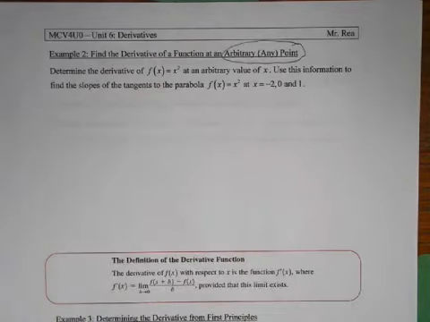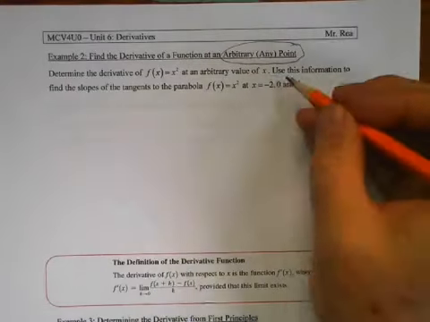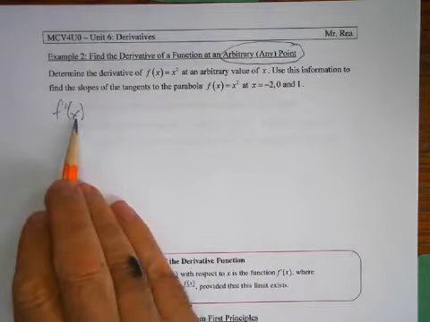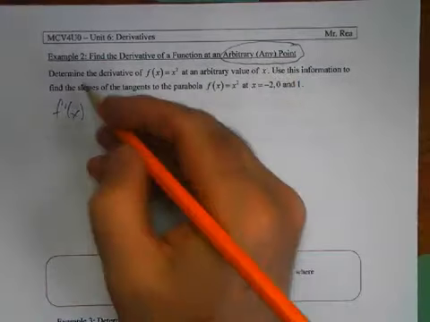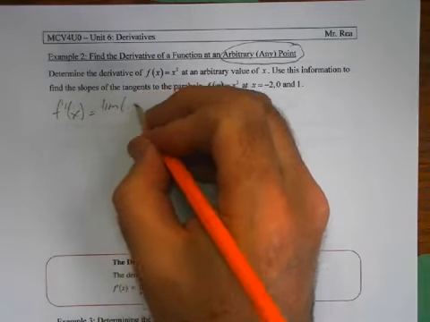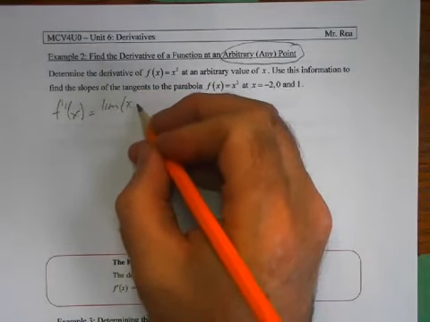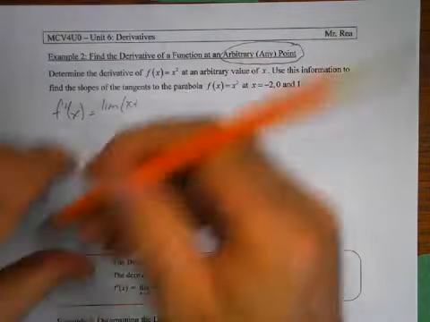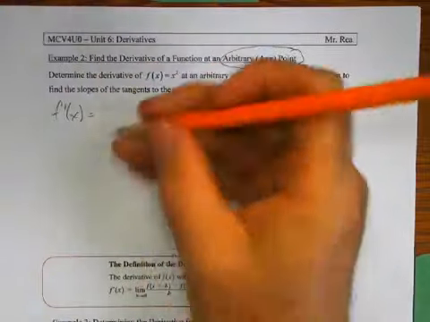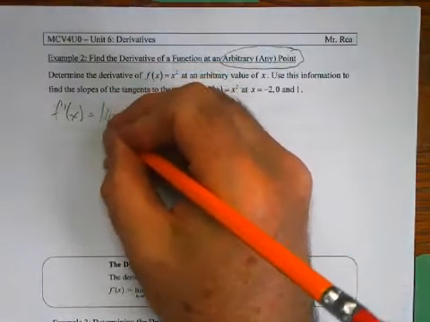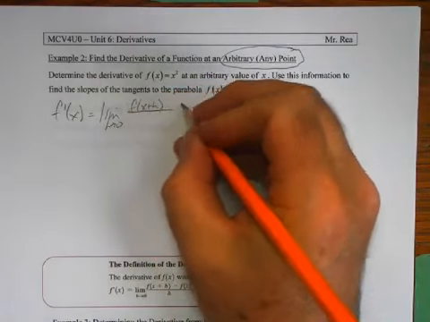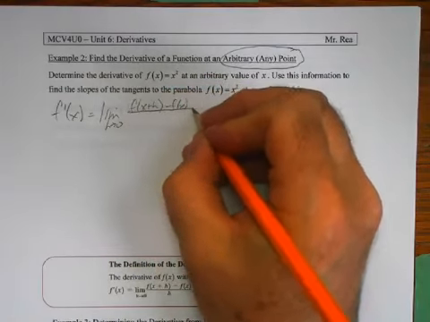Okay, so this time f prime of x, because we're doing the general formula for any point x, will be the same, except instead of putting -3, we've got the limit as h approaches 0 of f of x plus h minus f of x over h.